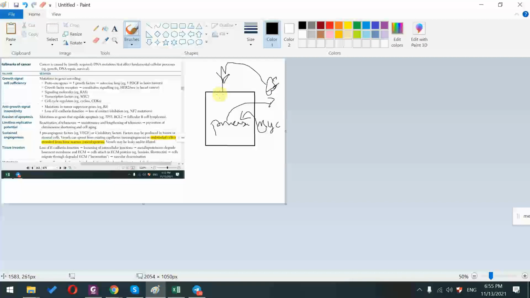Activation of the cells leads to what? It will lead to activation of signaling molecule. Activation of the signaling molecule leads to what? Activation of the proto-oncogene. Activation of the proto-oncogene, growth factor, receptor, signaling molecule. Keep going. You have created a cycle. This is how cancer cannot be stopped.